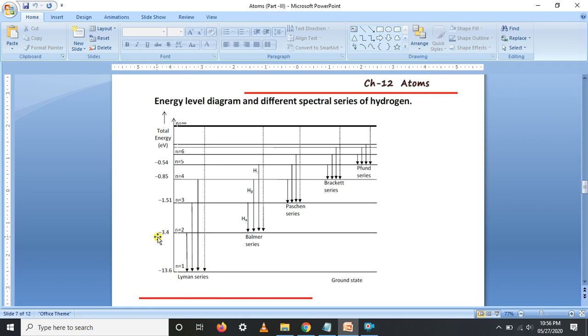For the second energy level, it is minus 3.4 electron volt. For the third it is minus 1.51 electron volt, and for the fourth it is minus 0.85 electron volt and so on. It continues up to n as infinity. Like this, it has a total energy in electron volts.